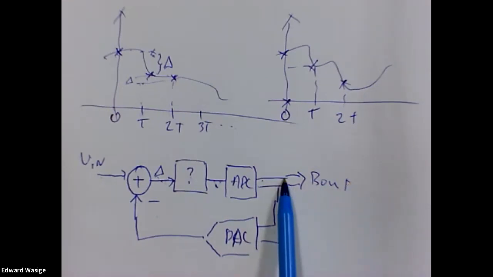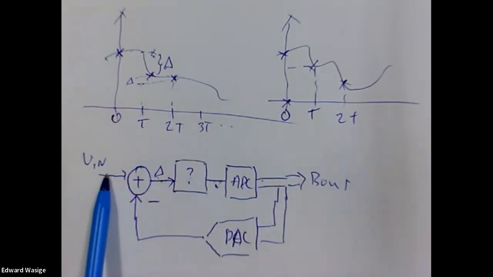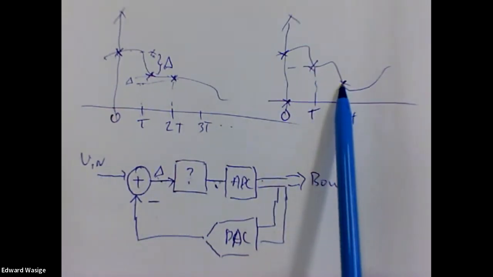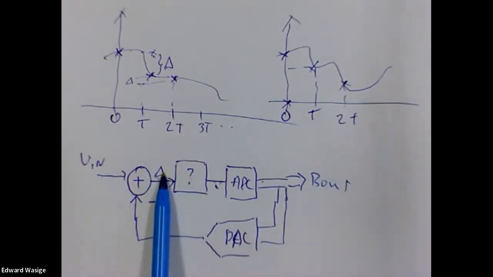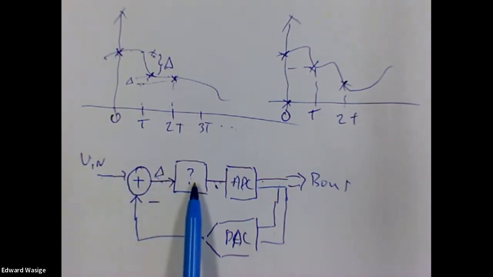We get the output, and that output we feed it back through a DSC. So when we feed back, the feedback signal is this one, and the new sample that we take is this one. And the new sample that we take is even lower. So we have the difference between the previous sample and the new sample, which is that.